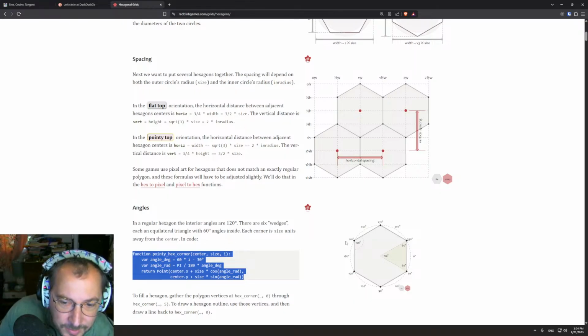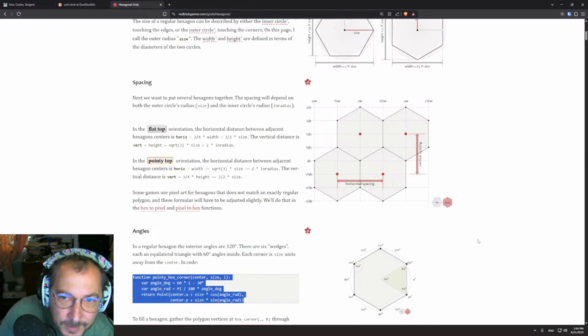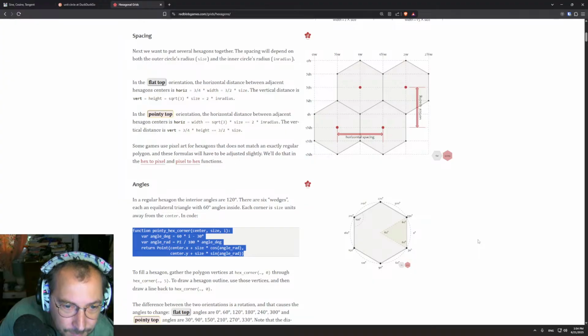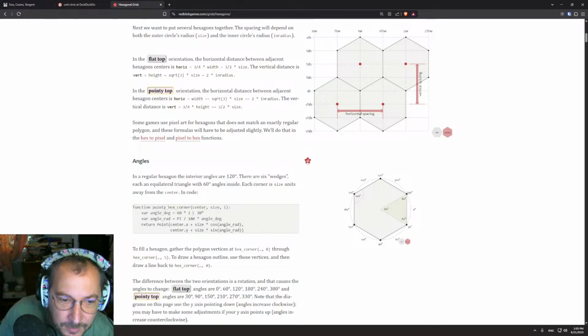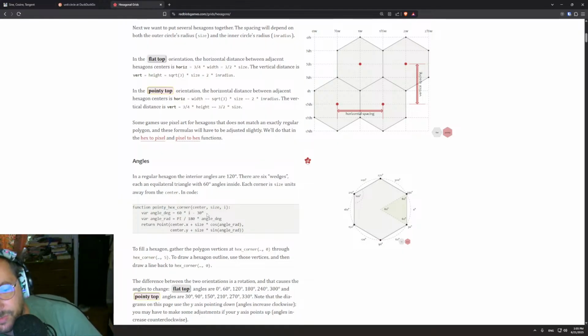So in our case, because we're flat side top, if we start at 0, I don't think we need the negative 30. I think we actually drop that, because we're rotated by 30 degrees. And that would be the same thing to get it for flat side top, right?